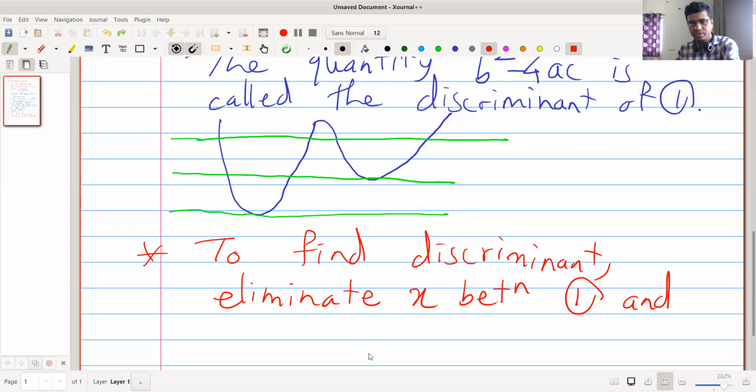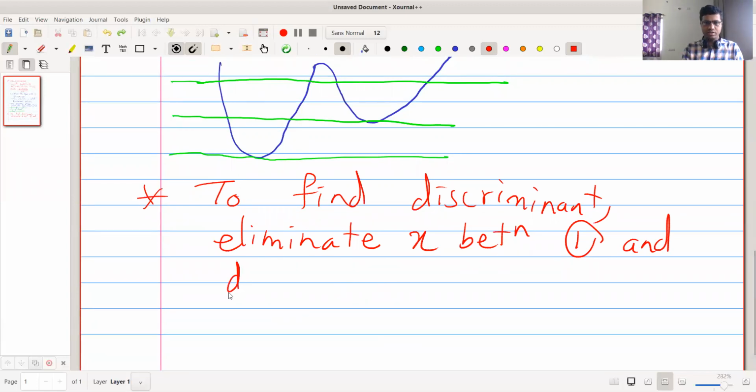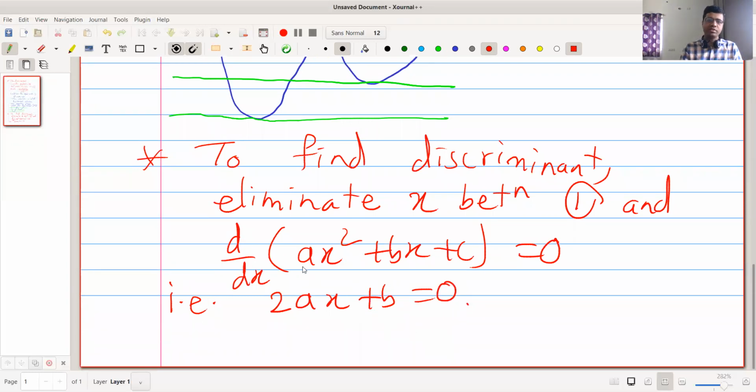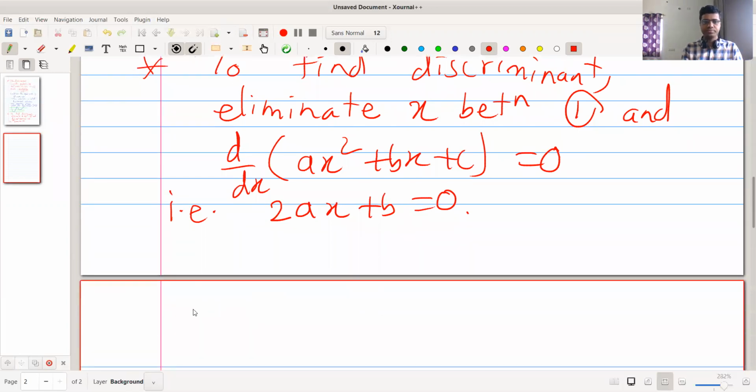So another equation is d by dx of ax square plus bx plus c equated to 0. What do we get? We get 2ax plus b equal to 0. We have to eliminate x between the given equation and this one. So 2ax plus b equal to 0 means x equal to minus b by 2a.